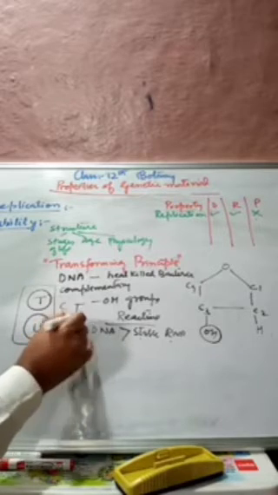Second, in nitrogen bases, DNA has adenine, guanine, cytosine and thymine. In the case of pyrimidines, RNA has cytosine and uracil, and the presence of thymine instead of uracil has made DNA more stable than RNA.